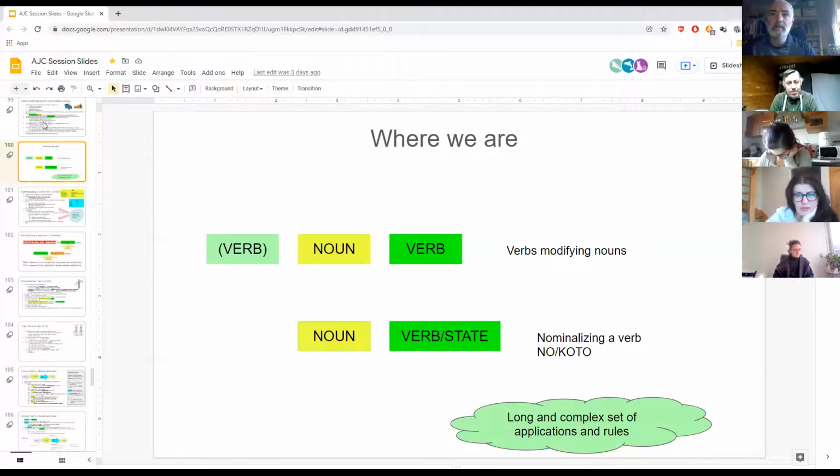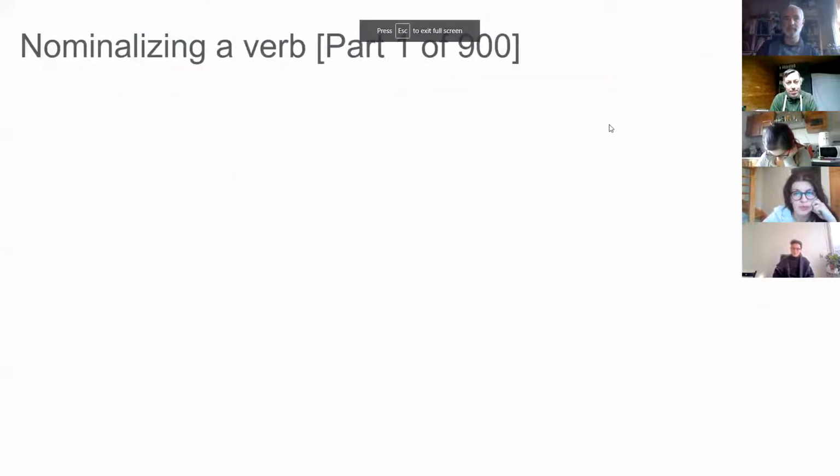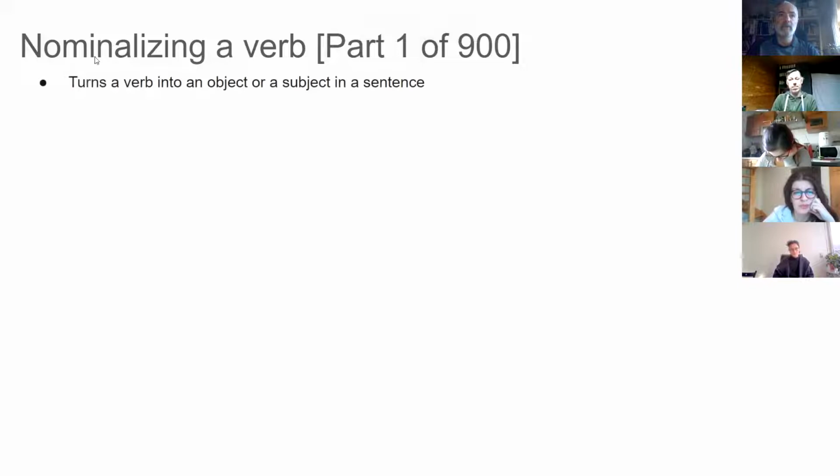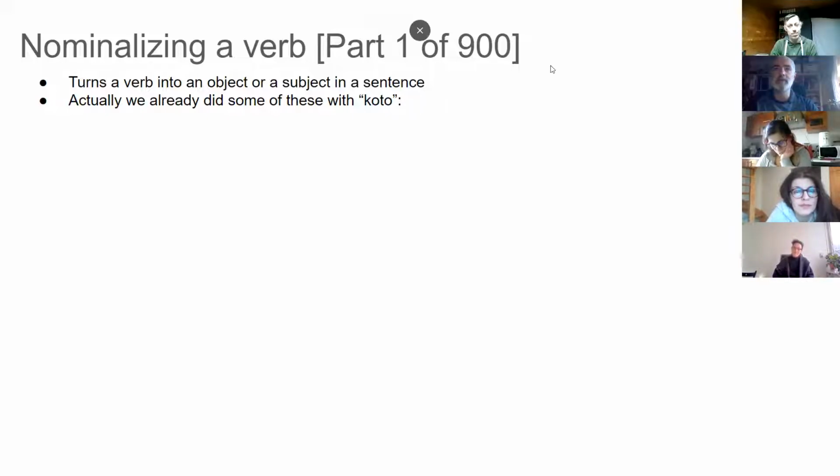Okay, let's look at what we did a few weeks ago. This turns a verb into an object or a subject in a sentence. And we've already done this to a certain degree with koto in the past.